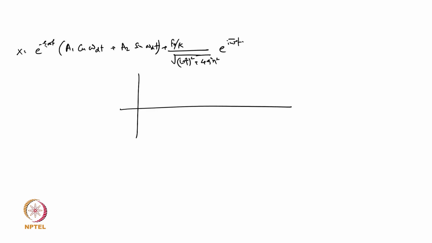If we have an initial condition, the effect of the initial condition will die out here, through the e to the power minus i omega t term. It is not always the case that it will die out. Sometimes it may get amplified as well.